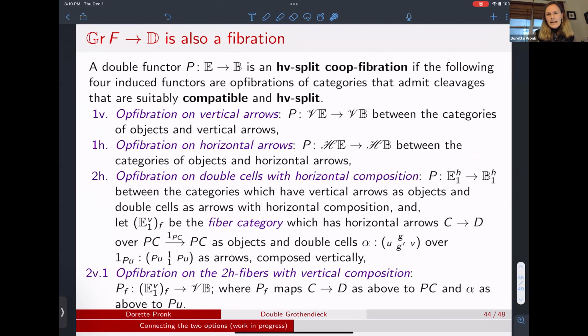And finally, we have to require that these all together have cleavages that are compatible in a suitable sense and are split horizontally and vertically where needed. So basically we get almost everything that you could think of to be a fibration, except for the vertical composition of the cells. There you only ask it for the fiber part.